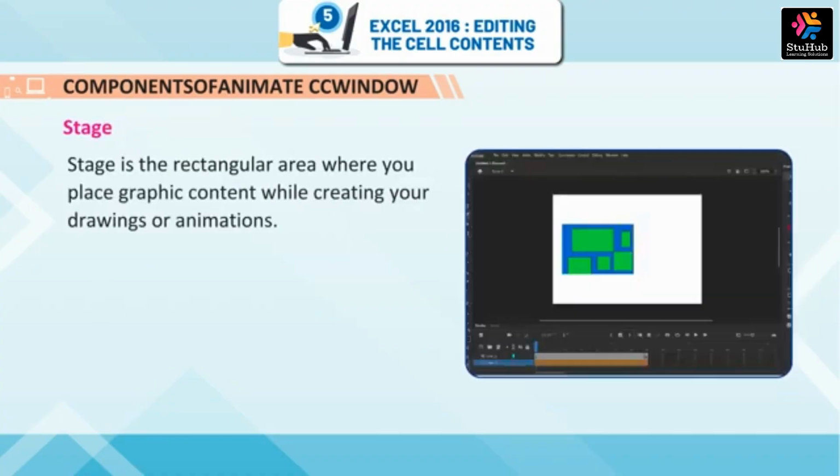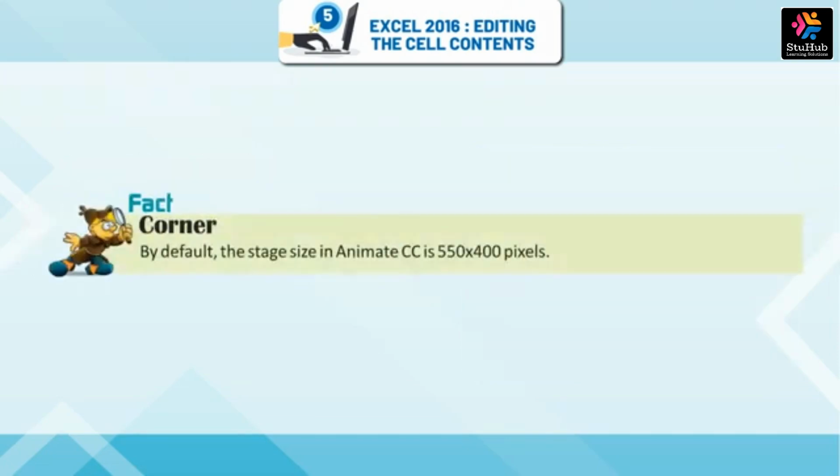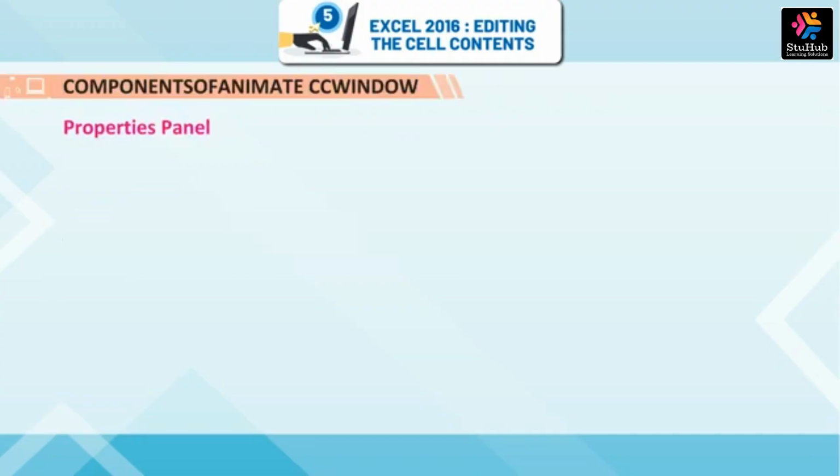Stage. The stage is the rectangular area where you place graphic content while creating your drawings or animations. Fact Corner: By default, the stage size in Animate CC is 550 x 400 pixels.